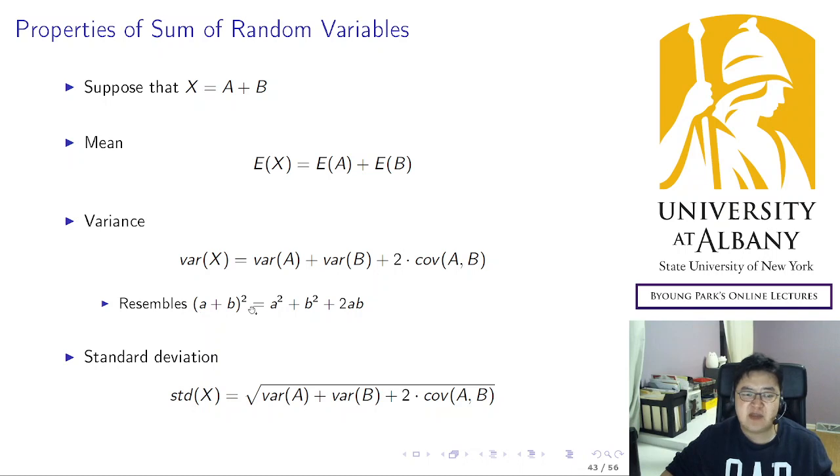And then when you expand it, you can write it as A squared plus B squared plus 2 times cross product. So A squared corresponds to variance of A, B squared corresponds to variance of B, and A times B multiplication corresponds to the covariance, right?